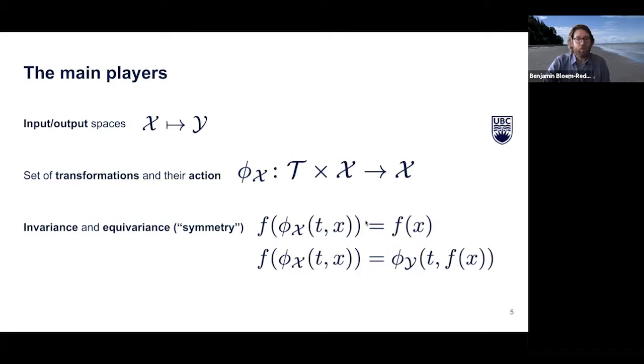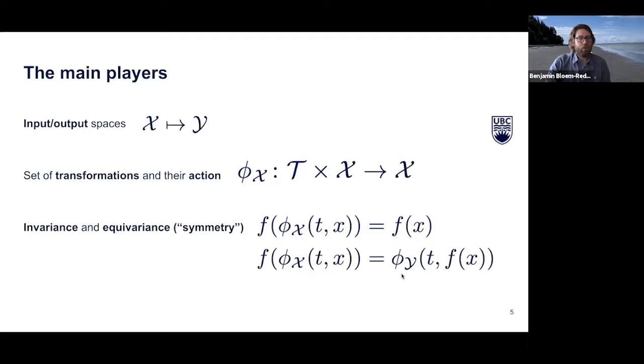Okay, so this is invariance, and then there's an equally important notion of equivariance, and the idea here is that the action of the set of transformations commutes with the function. Okay, so this function f is equivariant if I can apply a transformation to my input data, and that's the same as not applying the transformation to the input, just running the input through the function f and then applying the transformation to the output.